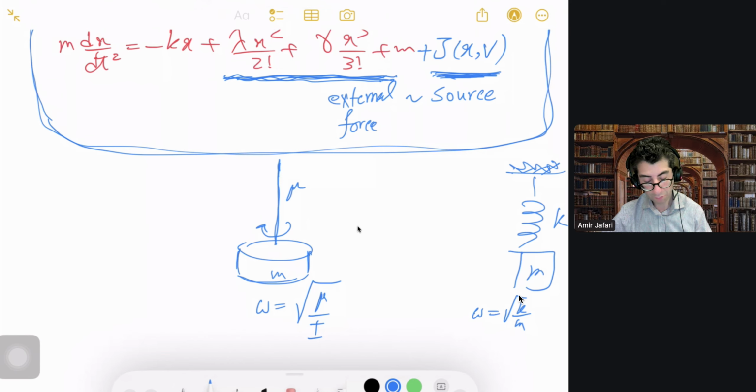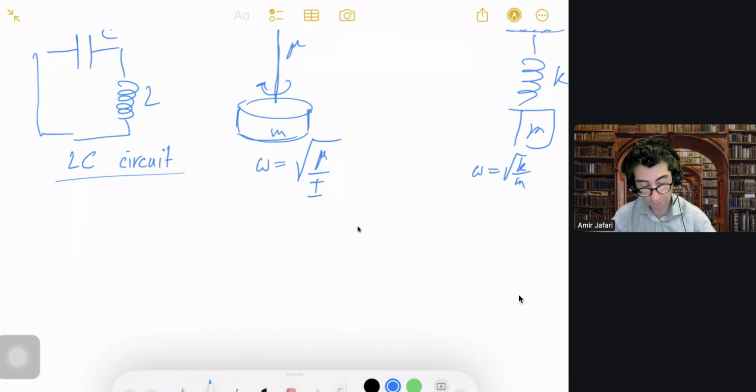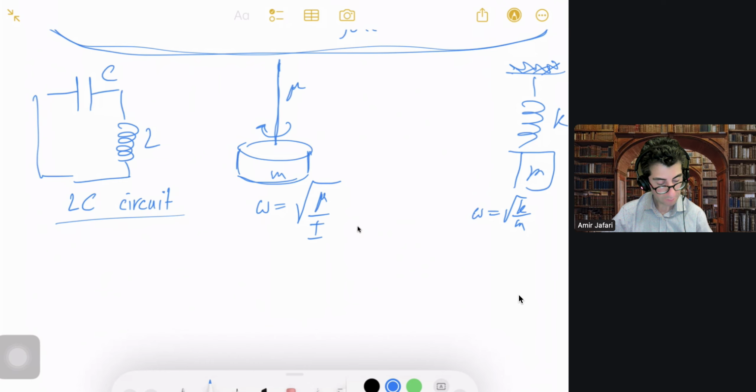Another example would be an LC circuit. For example, you have some capacitor here, an inductor here, and this is a circuit which is called an LC circuit. There you're going to have the same equation of motion. But let me get this for you. In this particular example, if you start from here, let's say that here you have some potential E, right?